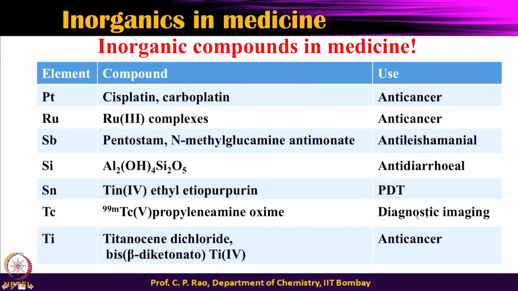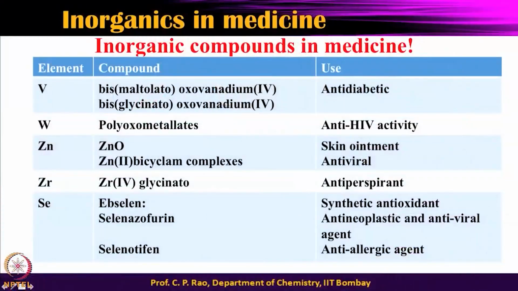Okay, titanium dichloride is anti-cancer, these are proven but not used. Not all of them have been commercially used, some of them are well proven, but many of them are well used also. Vanadium. So, you have maltolato oxovanadium, glycinato oxovanadium, these have shown anti-diabetic activity, but have not been continuously used.